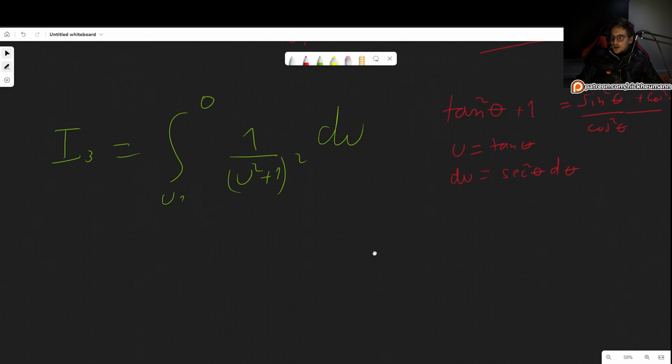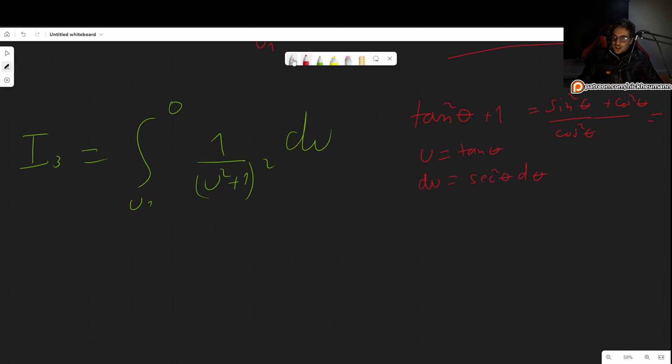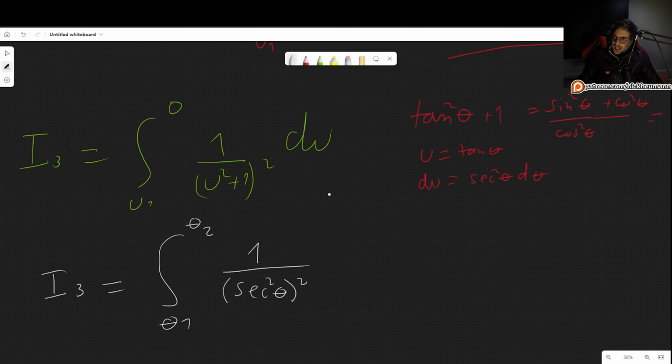So let's plug that in. So let's see, this is now I3, the integral from theta 1 to theta 2, and then we have 1 over, we know that this thing here is simply secant squared, so we get secant squared of theta squared, and instead of the du we have secant squared of theta d theta.